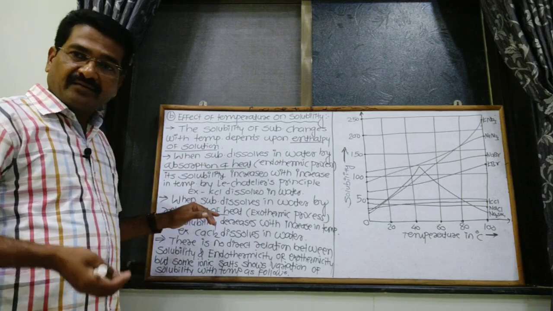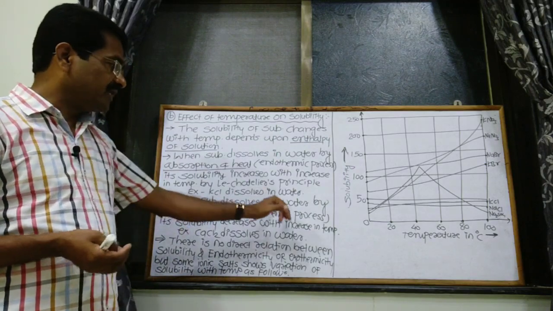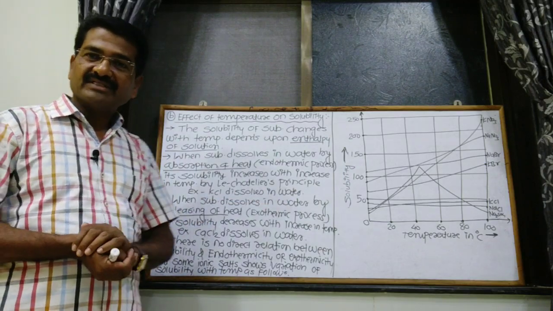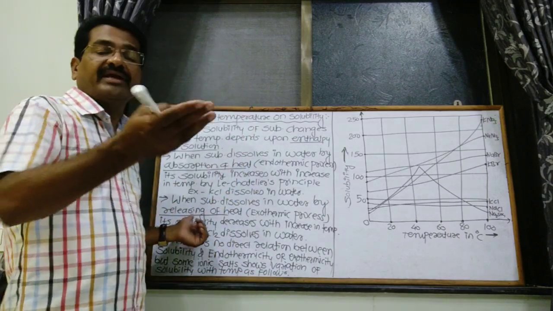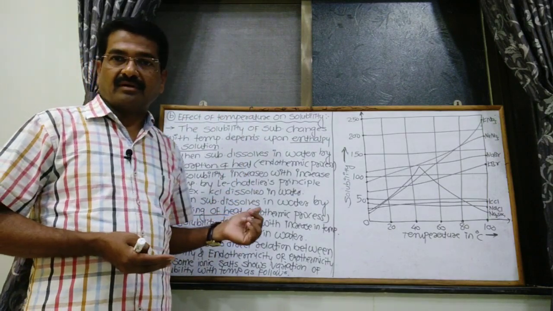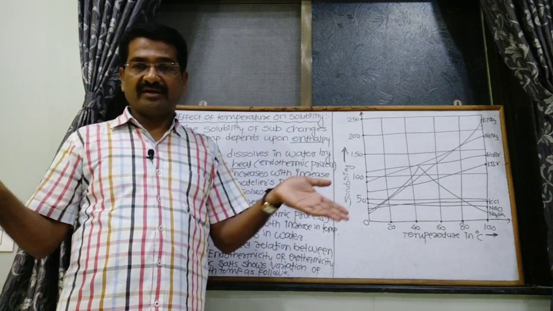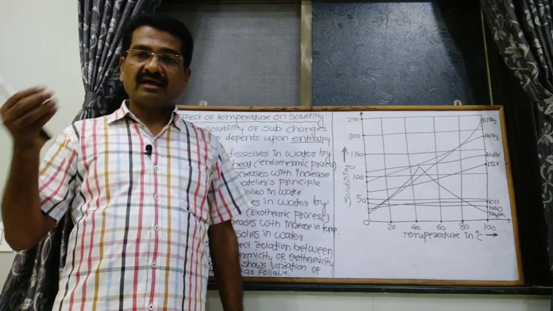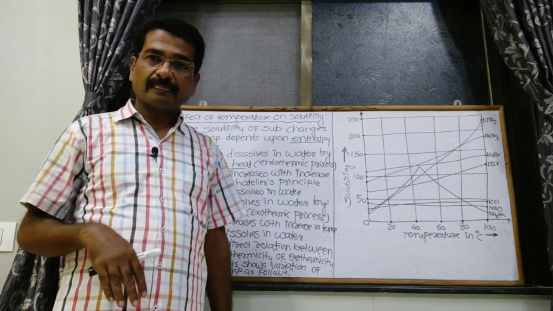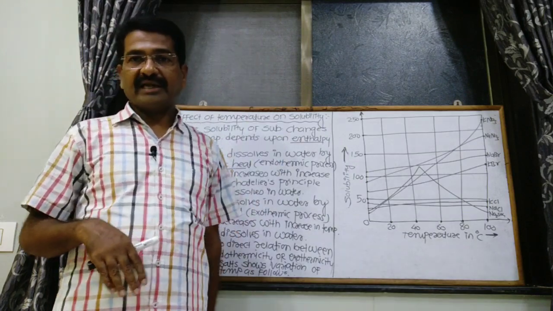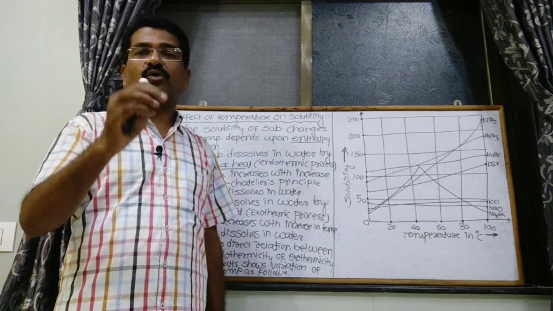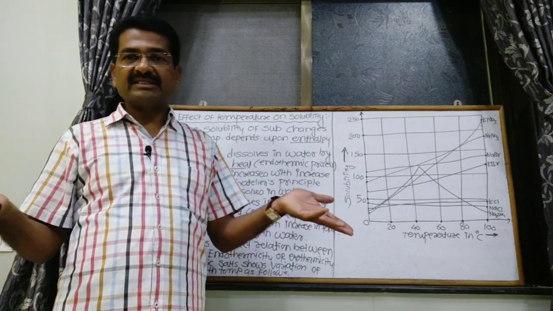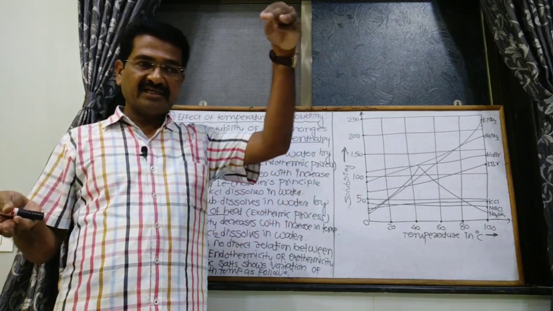In contrast, when a substance dissolves in water by releasing heat, which means evolution of heat, there are some substances, like detergents or calcium carbonate, calcium chloride, that evolve heat when dissolved in water.